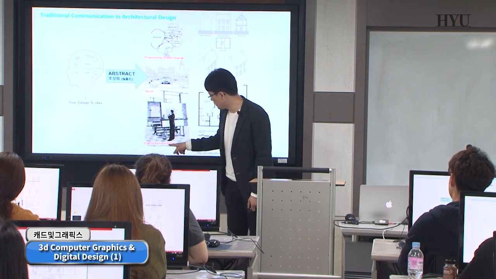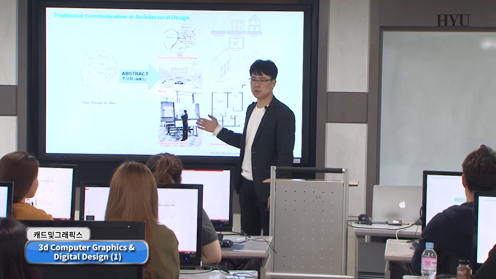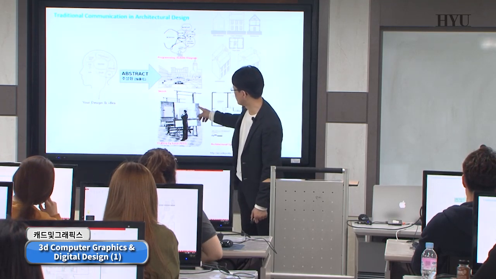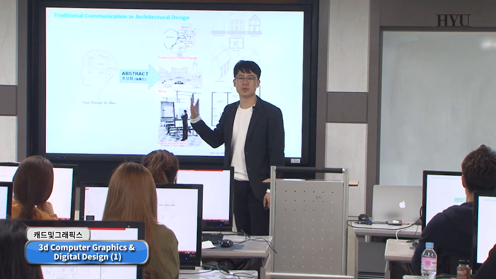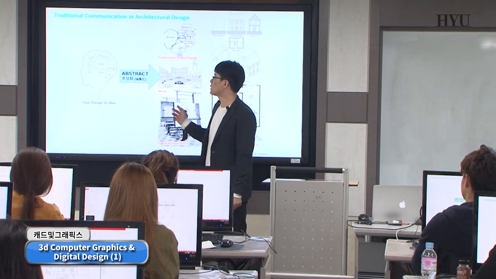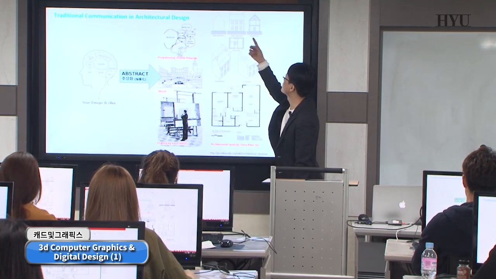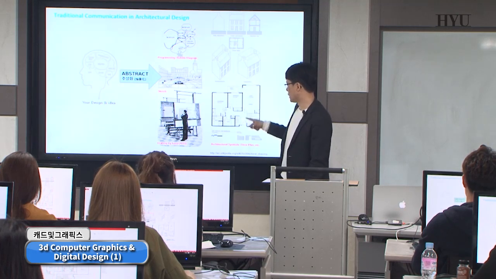Take a look, 1893, one of the workers in architect firm, he drew using this kind of tool for architectural representation, okay? One type of abstraction. How about this one? Floor plan, elevation, section, axonometric, isometric.